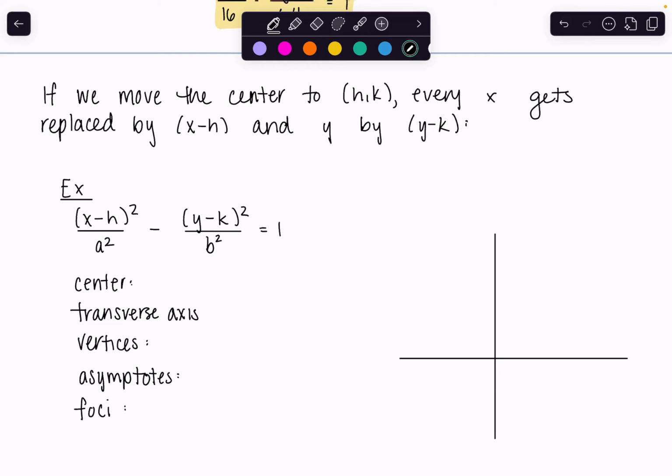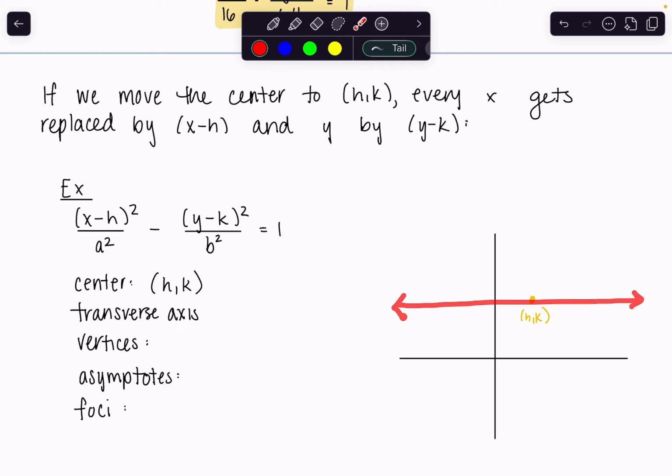So in this case, my x is going to be the positive quantity. So my center here is going to occur at (h, k). So I'm just going to pick a random center. Let's say that happens to be right here. This will be (h, k). Okay. We are going to open in the x direction. And specifically, this is going to be a horizontal line.